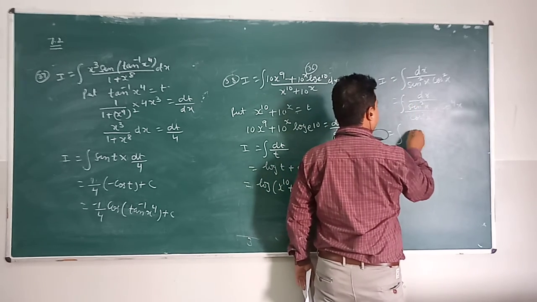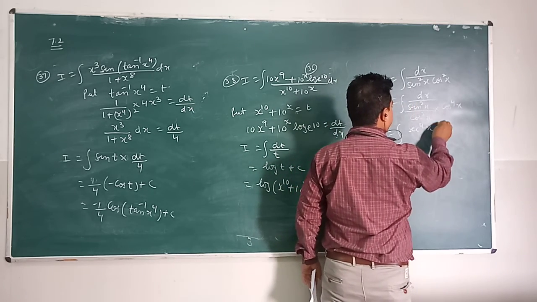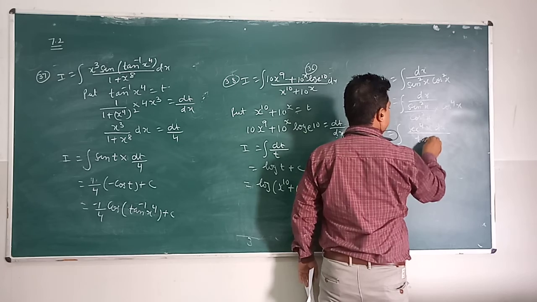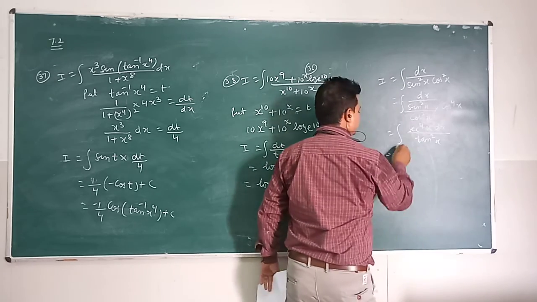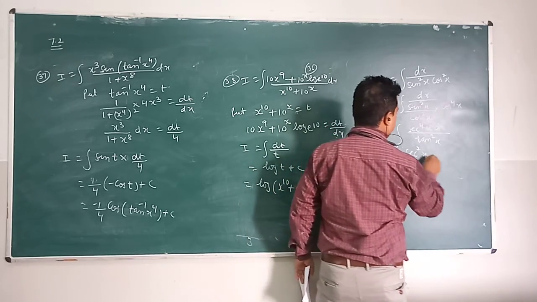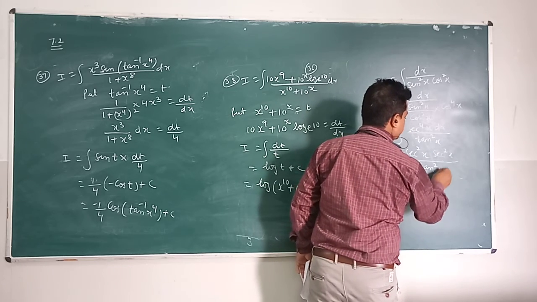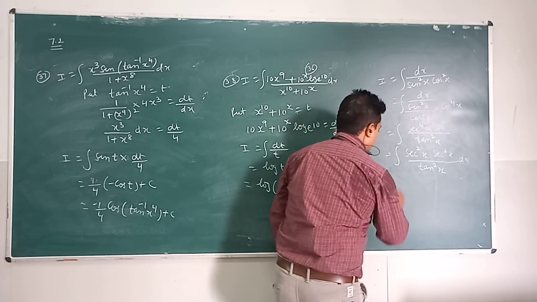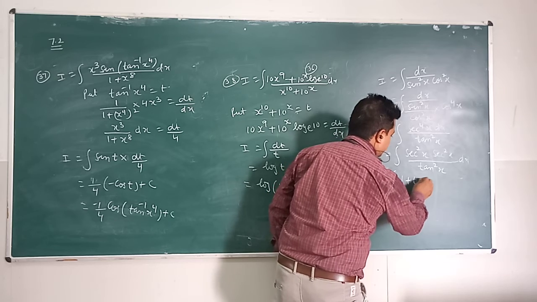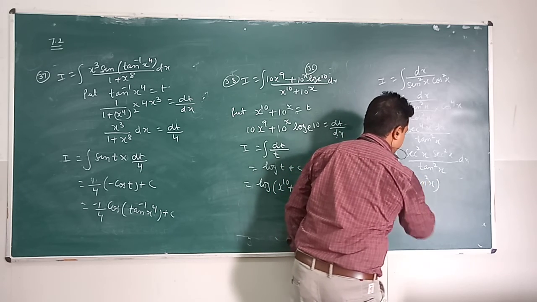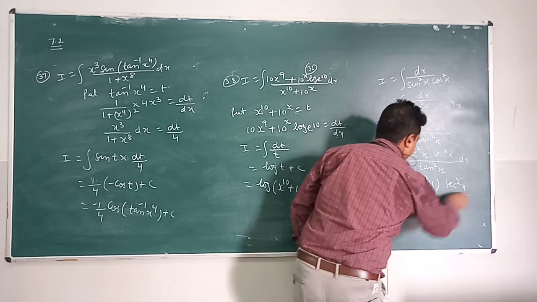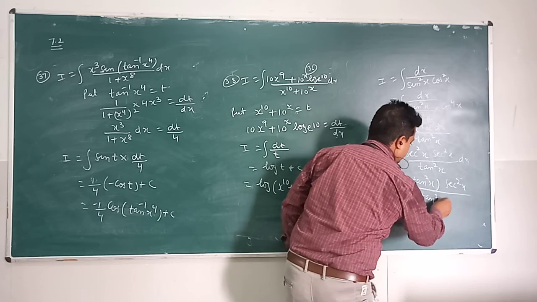So this is secant power 4 x dx upon tan square x. In secant 4 x we write it as secant square x into secant square x upon tan square x. So we convert one secant square x as 1 plus tan square x. This is secant square x into (1 plus tan square x) upon tan square x.